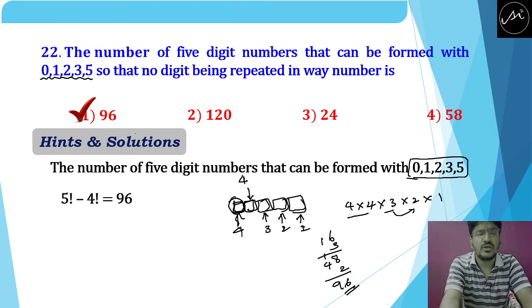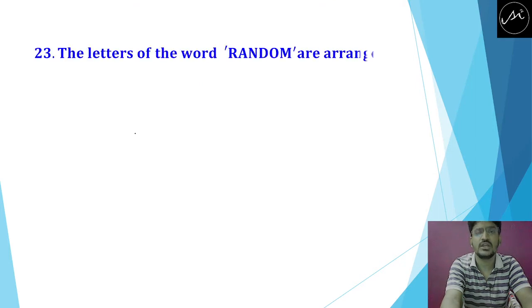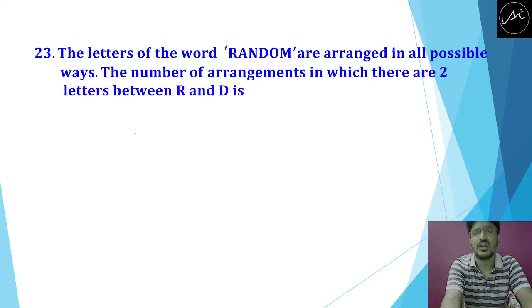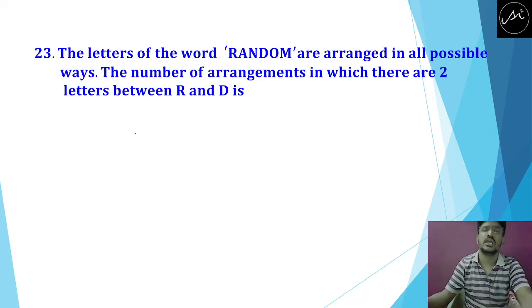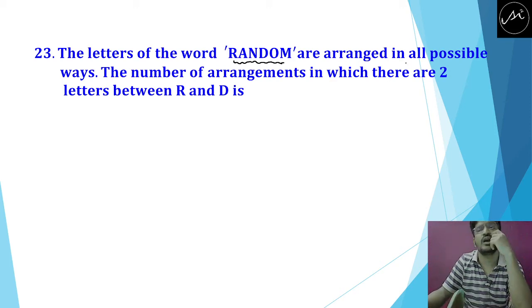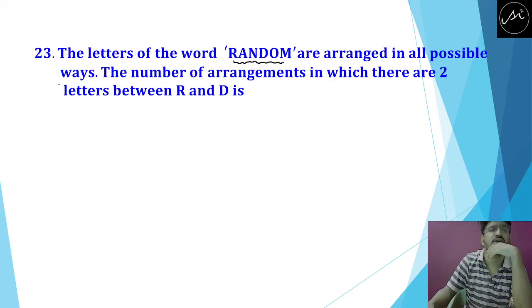Now let us go for the 23rd one. The letters of the word RANDOM are arranged in all possible ways. The number of arrangements in which there are 2 letters between R and D. See here, the letters of the word RANDOM are arranged in all possible ways.